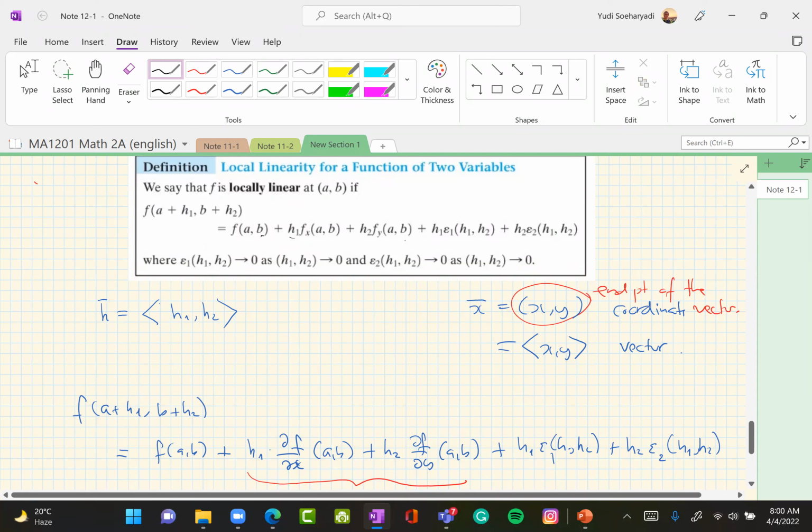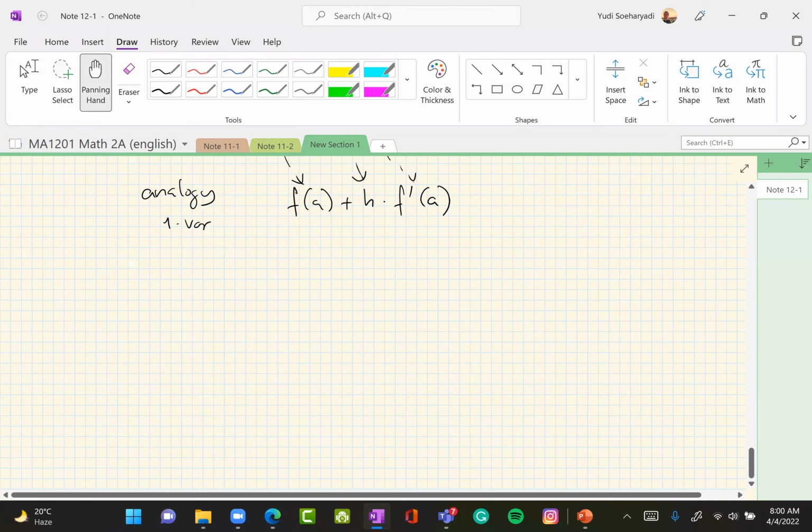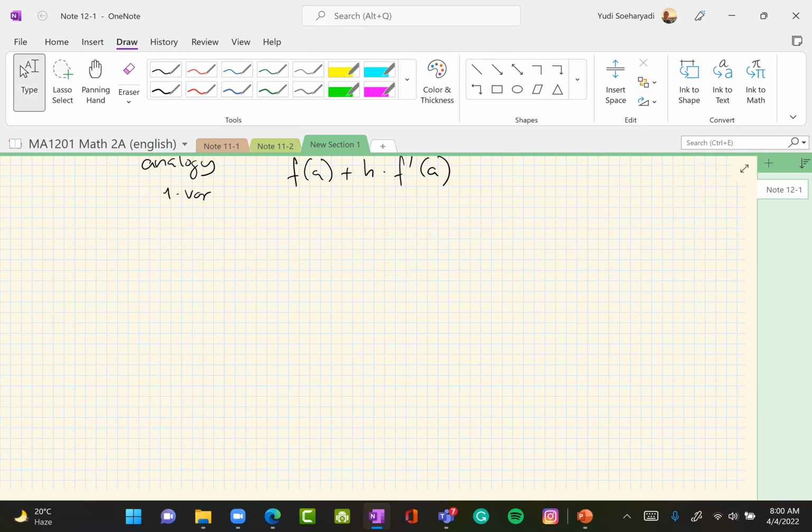But what is actually this one? Is this actually the equation for the tangent plane? I see. All right. So the equation for the tangent plane.